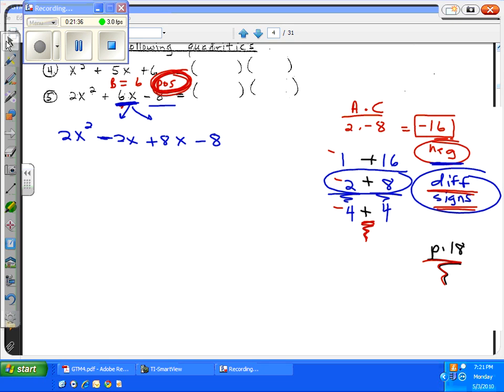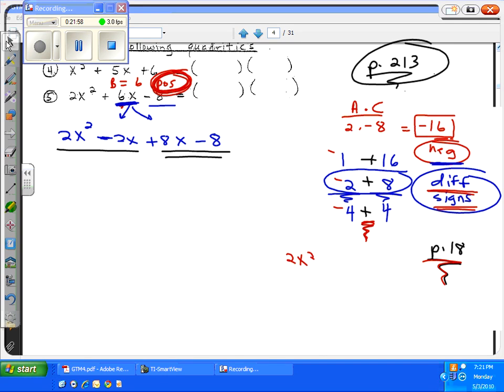Now again, we're using the AC method on page 213 of the Algebra 1 text. Step 5 there says factor the left pair and factor the right pair. On the top of page 213 is where it shows us how to find greatest common factors. Now let's look at this again. If we take that 2x squared, its factors would be 2 times x times x.